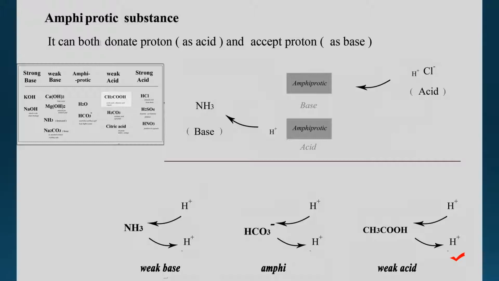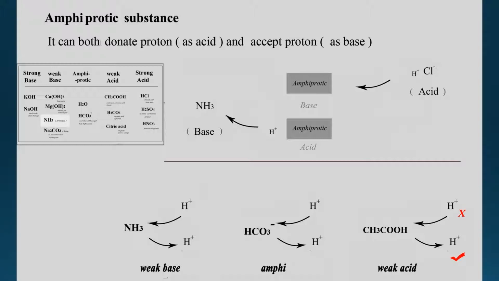That is the meaning of acid. But if I ask you, can CH3COOH accept one more H? No, you can't become CH4COOH. So now you can only be an acid. You cannot be a base.